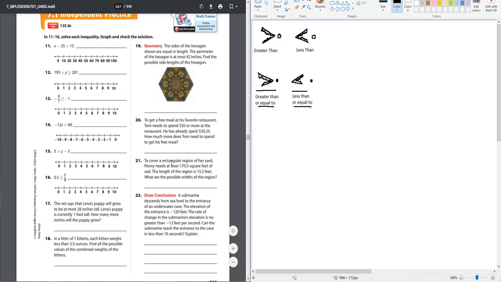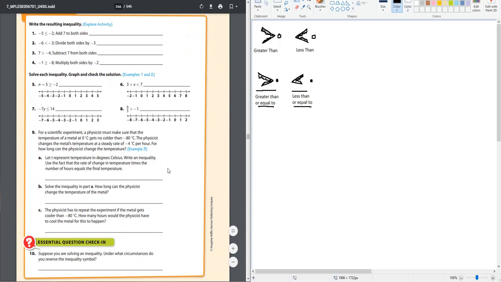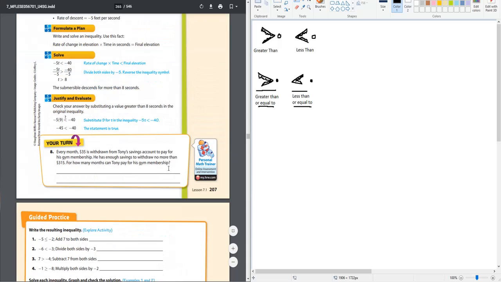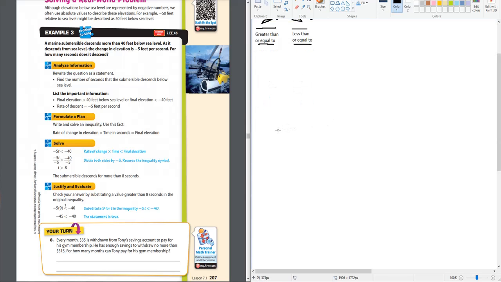So here, let's do this one. Let's create our inequality. When we're creating our inequality, what we need to know here is three things.